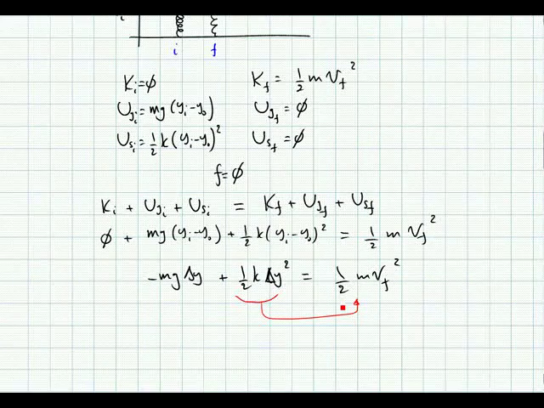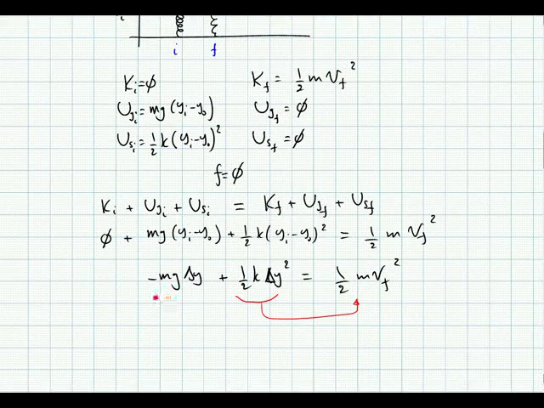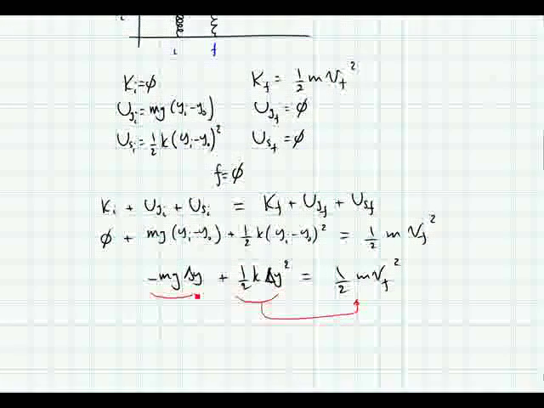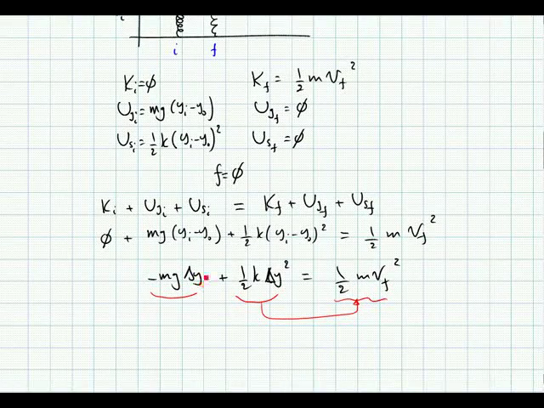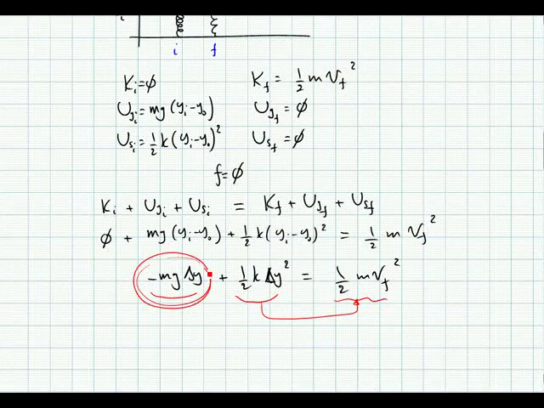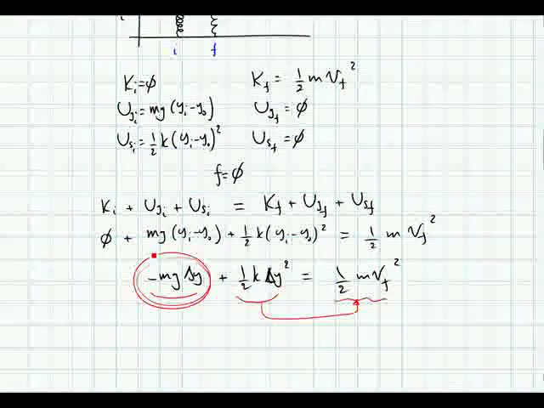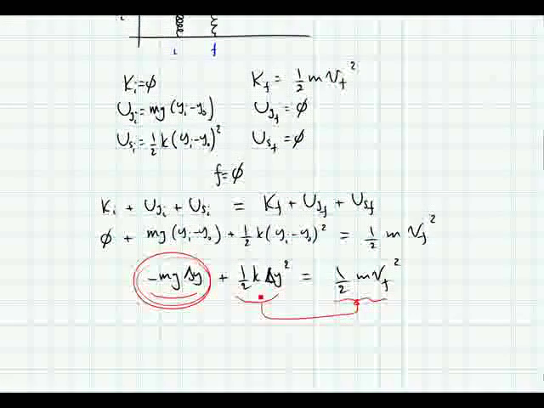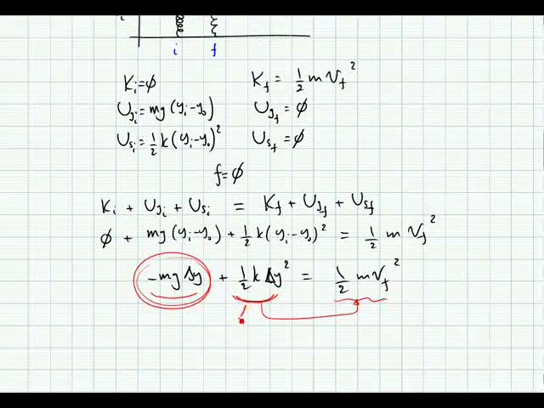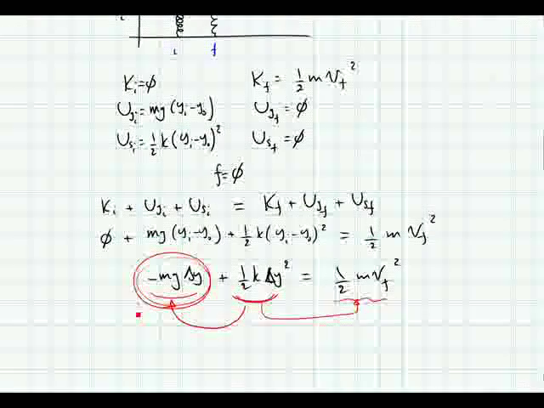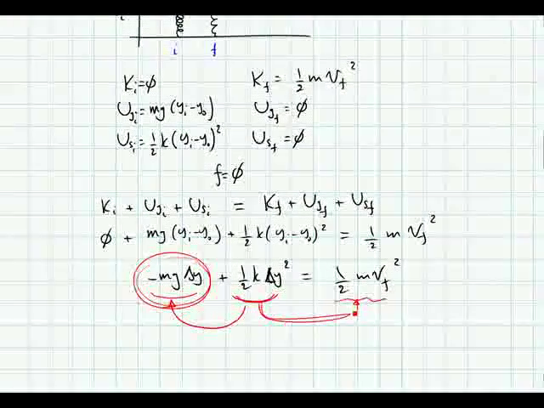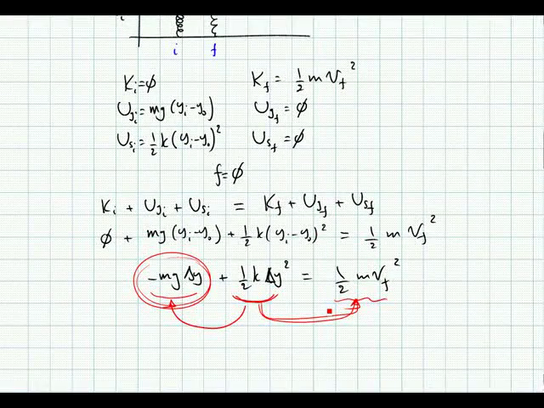But since there's also change in gravitational potential energy involved, the final kinetic energy is reduced by this amount, which is the change in the potential energy. So some of the initial spring potential energy goes into gravitational potential energy, and the remainder speeds the object in the positive y direction.